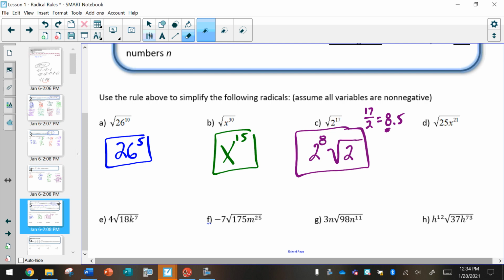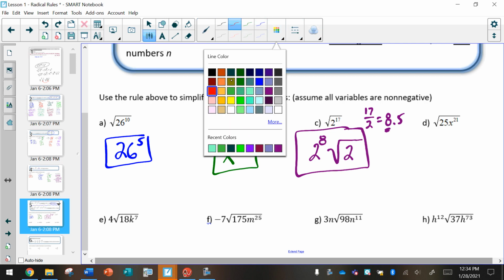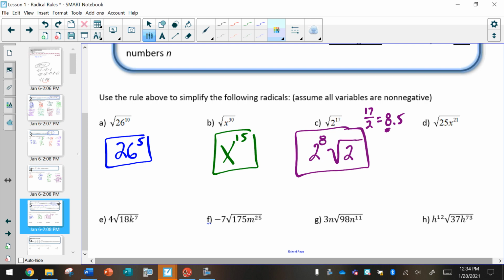So let's look at our second example, or actually, letter D. Next example. The square root of 25 is a perfect square. That comes out. Square root of x to the 21 can be split into x to the 20th, is what I meant to write, and x to the 1st.